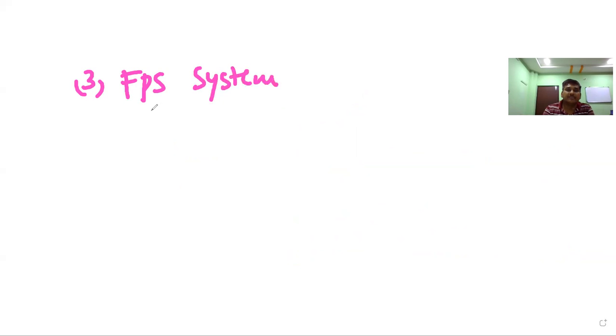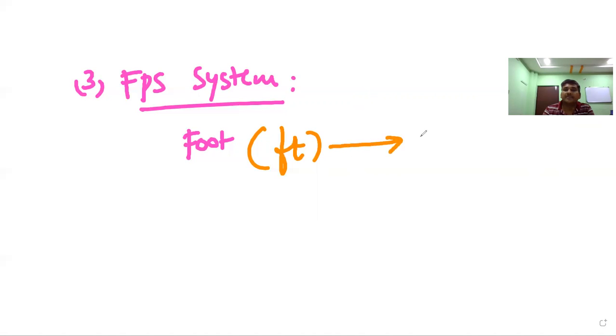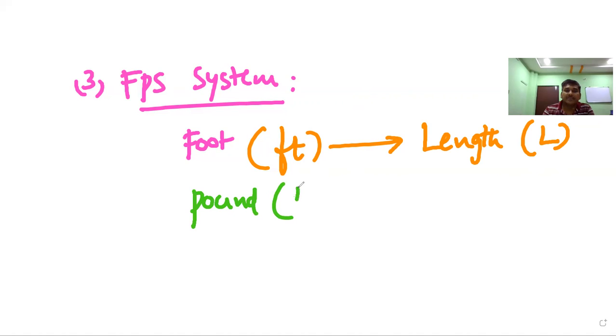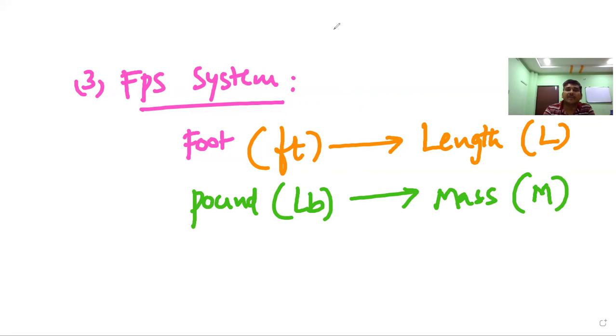In this system, the F stands for the foot, and the notation is ft, and it is the measurement of length L. The second one is P stands for pound, notation is lb, and measurement of mass, capital M, fundamental physical quantity.